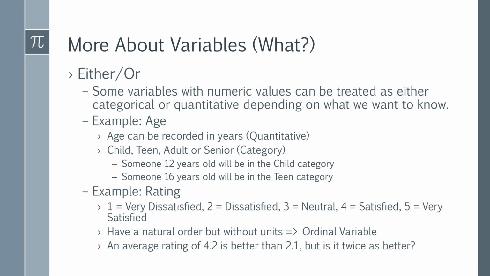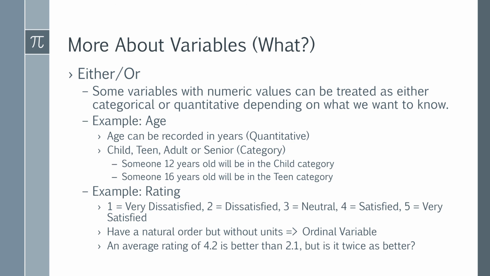So a little bit more about variables. We do have some variables that are numeric values, but they can be treated as either categorical or quantitative depending on how they're used. So for example, age can be recorded in years. That's quantitative. It has a number and it has a unit, right? 25 years, 18 years, 32 years, and so forth.